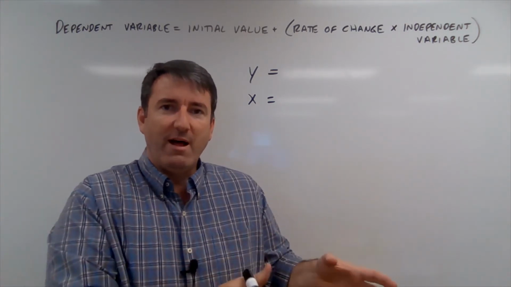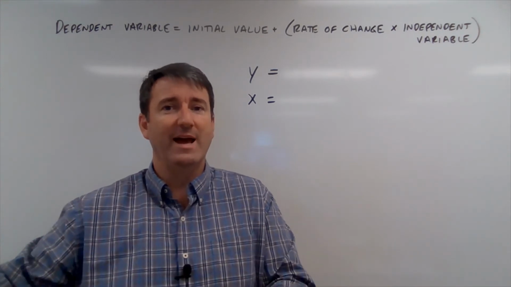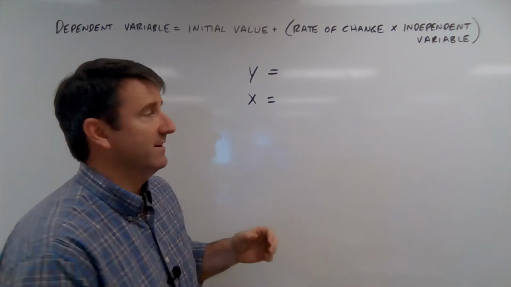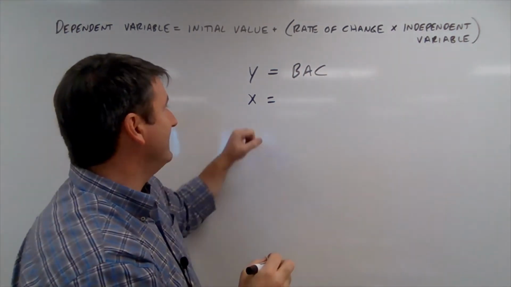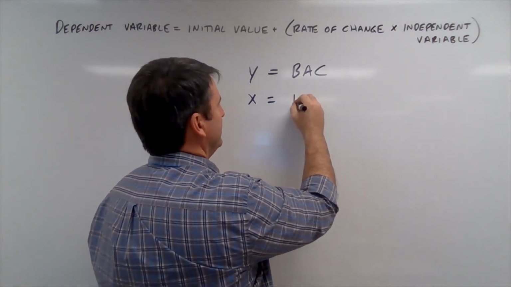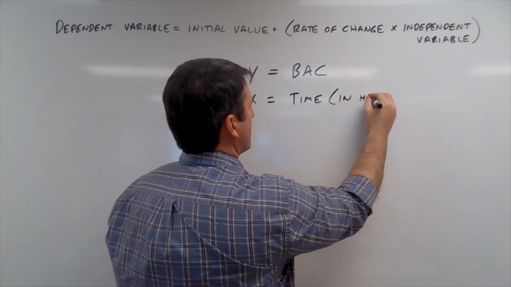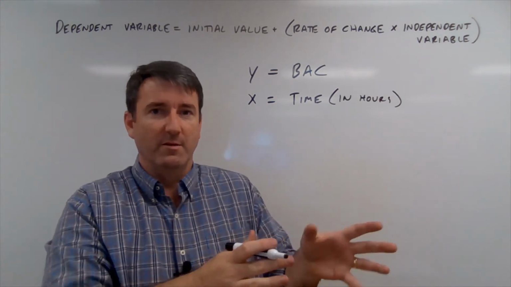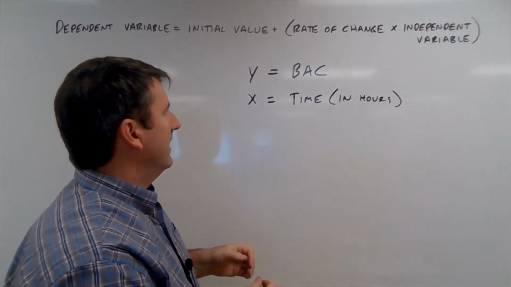Well, here the blood alcohol content depends on how much time has elapsed. And so that's going to be our dependent variable, our blood alcohol content. And then x, the independent variable, is going to be the time in hours from the point of the peak blood alcohol content.